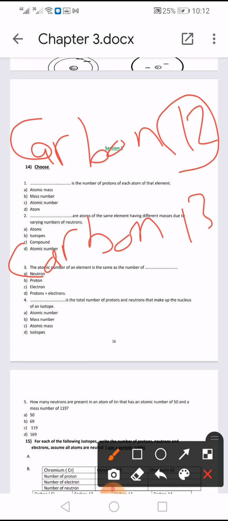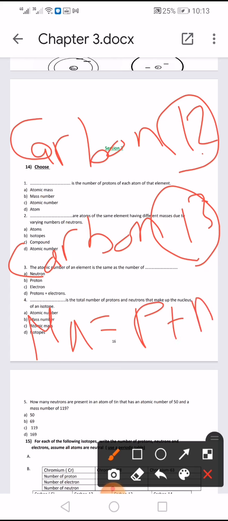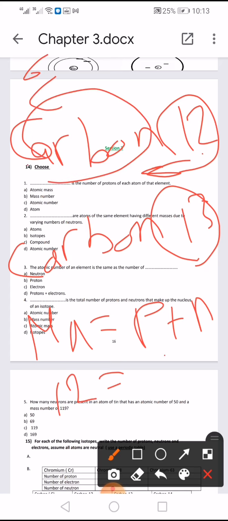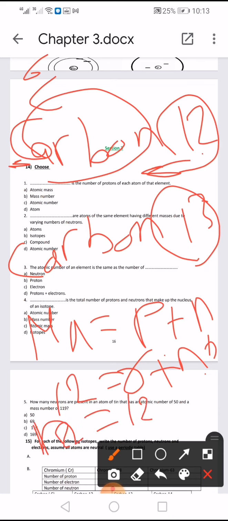Mass number equals protons plus neutrons. For carbon 12, the atomic number of carbon is 6, so the number of protons is 6. The number of neutrons equals 12 minus 6, so the number of neutrons equals 6.